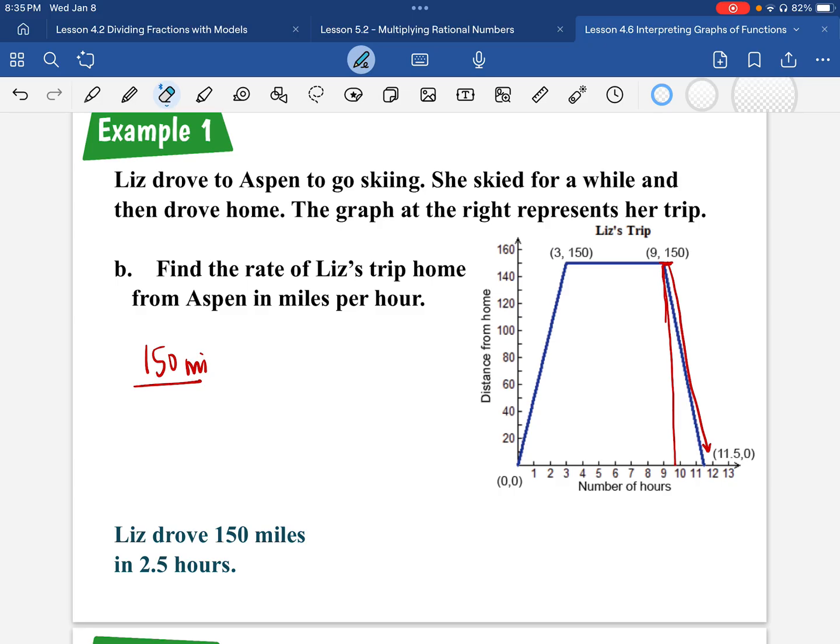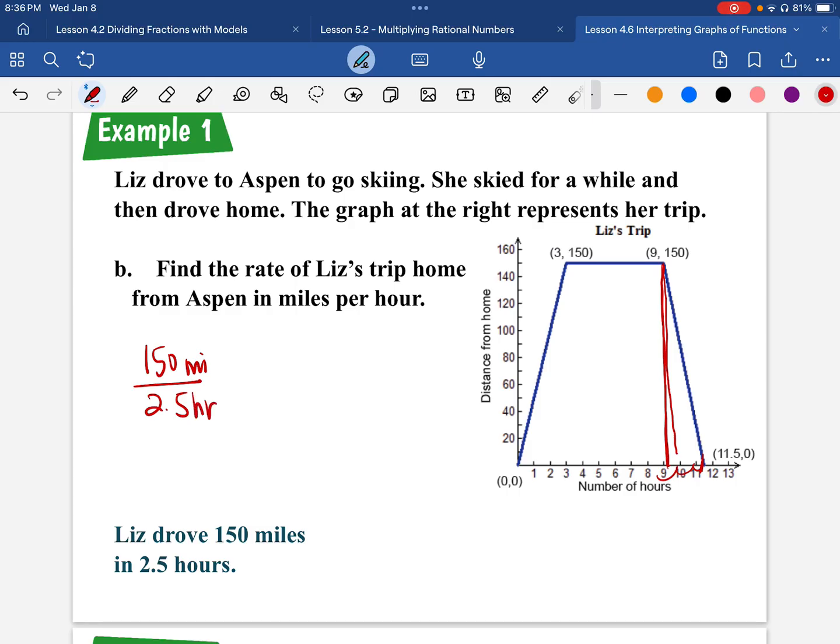Let's see, sorry, I'm going to erase some of these lines so that I can see exactly where it is. Okay, let's try to make our best. I think it's supposed to be at the 9. Yeah, if I draw my line well enough. So we have 1, 2, and then a half, right? So it didn't take her 3 full hours to get home, because this is definitely in between. So this is 2.5 hours.